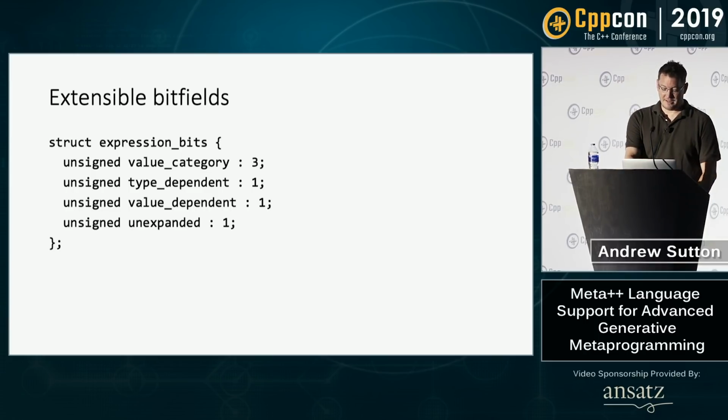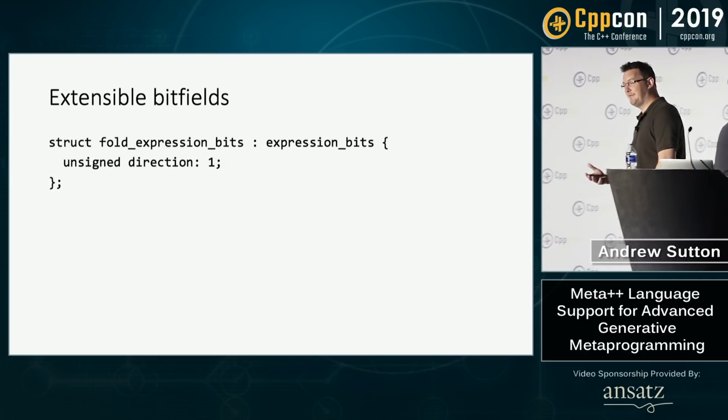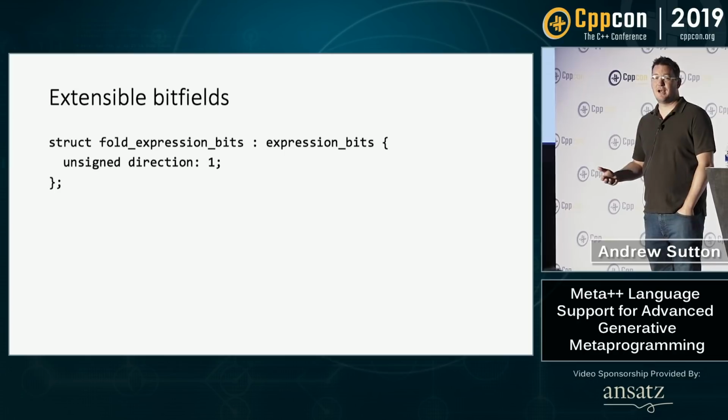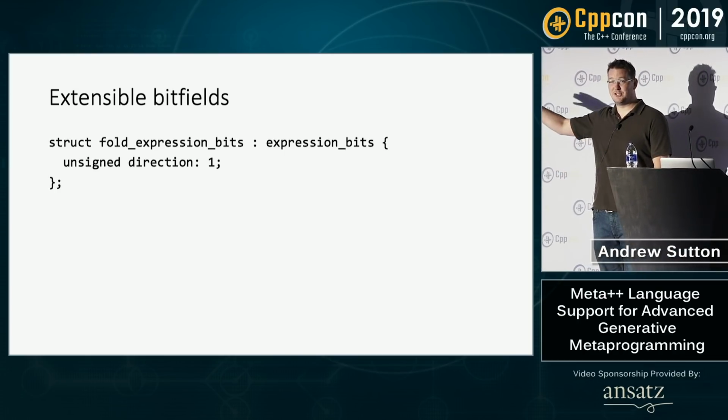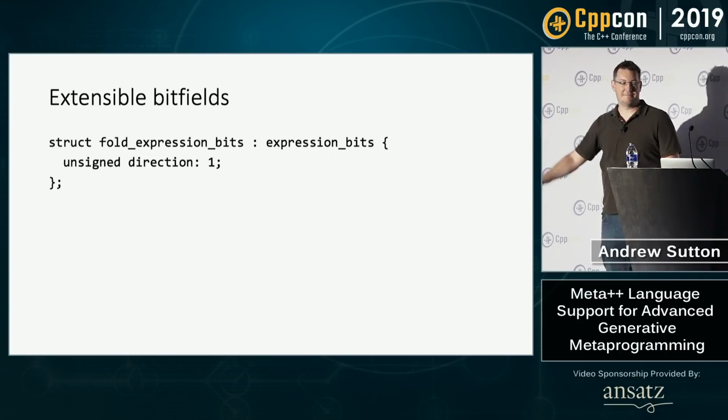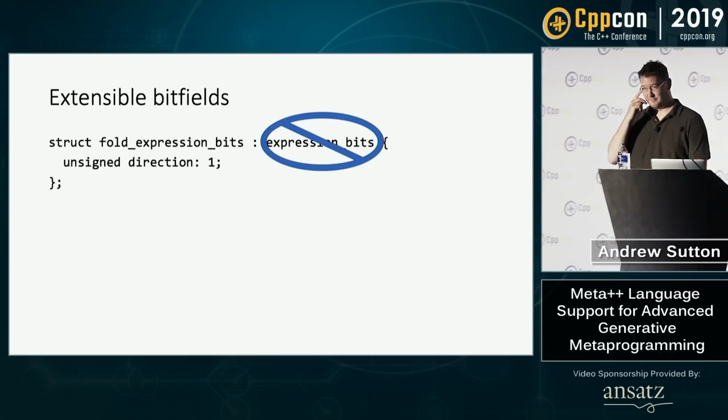And then if I have a derived class like a fold expression, I want to add a flag to say whether it goes left or right. And it would be great if I could actually just derive from that first set of bit fields. But this doesn't really work, for a couple of reasons.